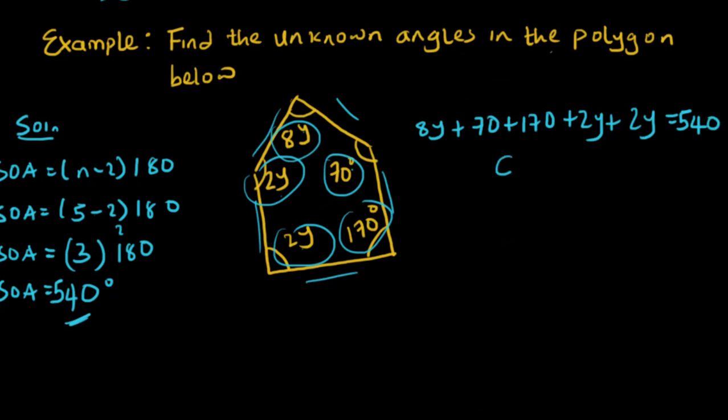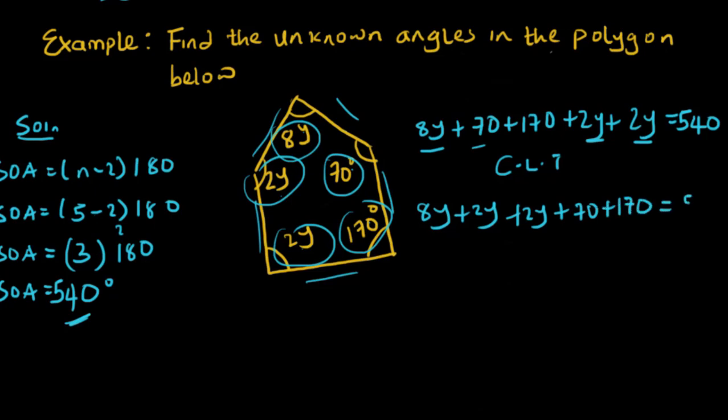Now let's collect like terms. Remember, you bring letters together and numbers together. So I'll be having 8y plus 2y. The sign is not changing because it's not moving across the equals sign. Then I have plus 70 plus 170 equals 540.